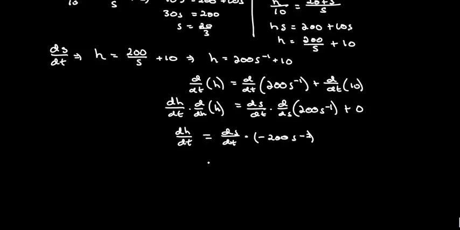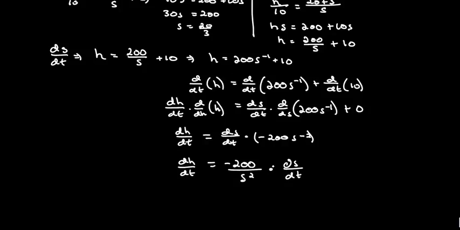So let's rewrite this. dh dt is equal to negative 200 over s squared times the rate of change of the shadow with respect to time. So the change in the height with respect to time is equal to this.